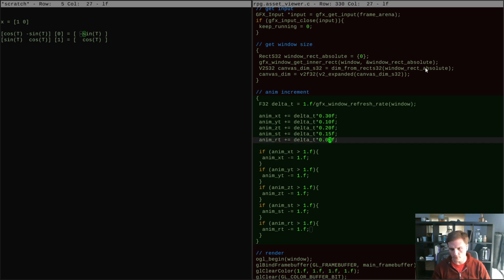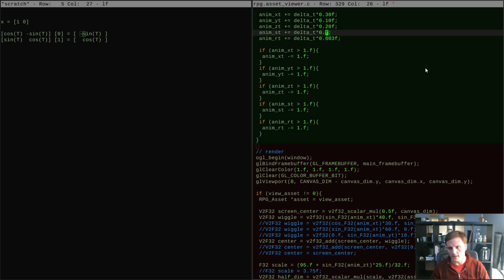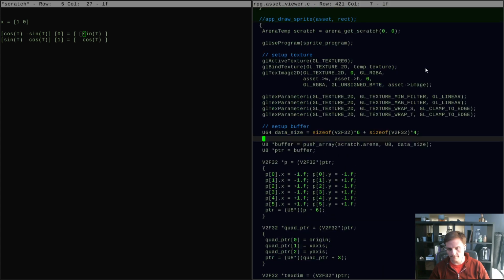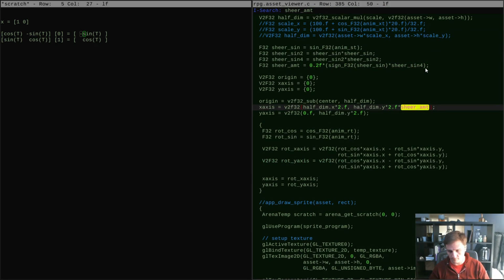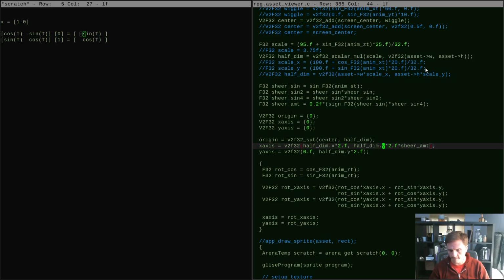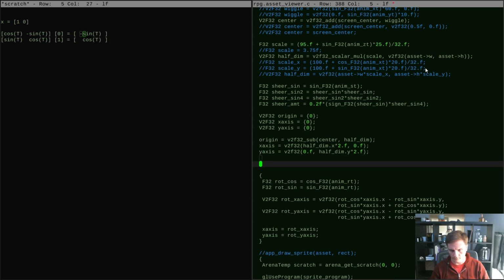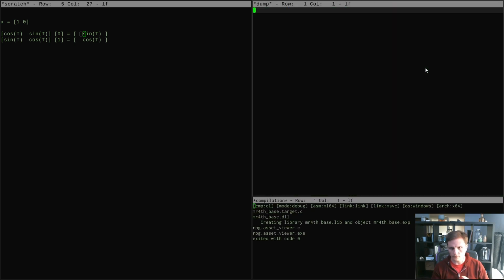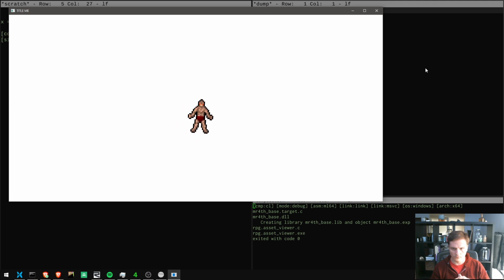If I turn the rotation down really slow, turn up the speed on the shearing a little bit. There we go.